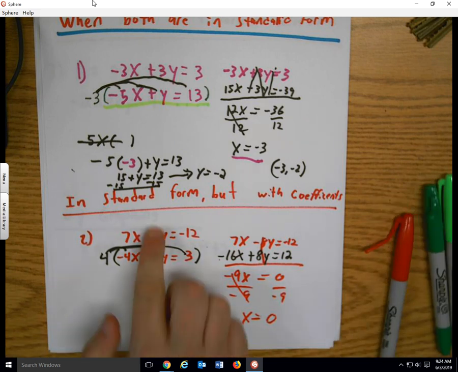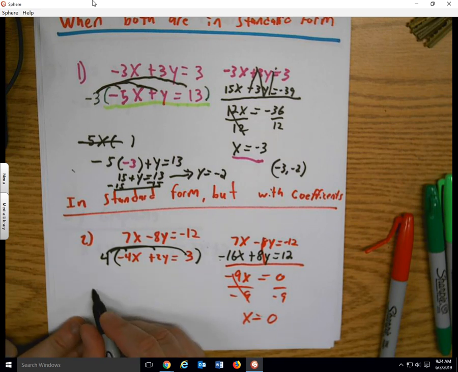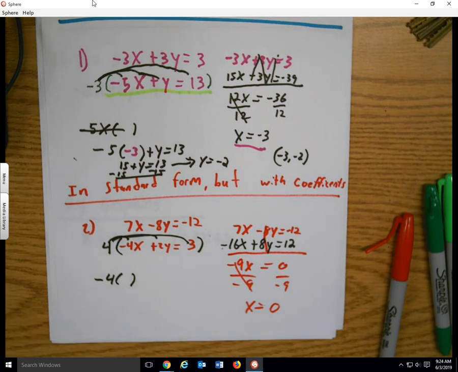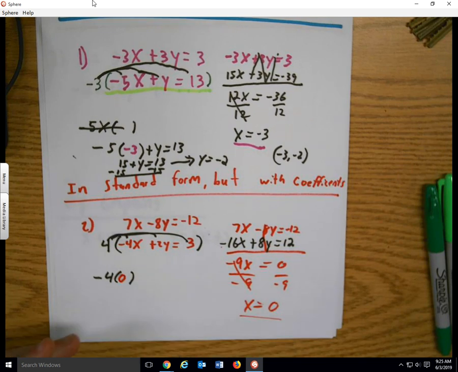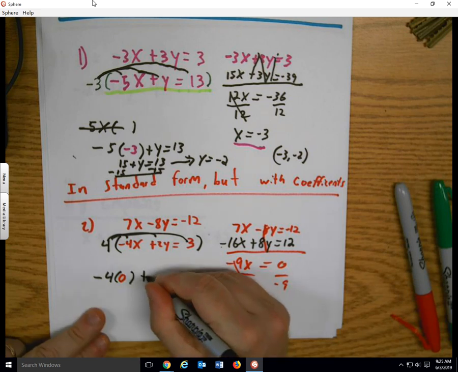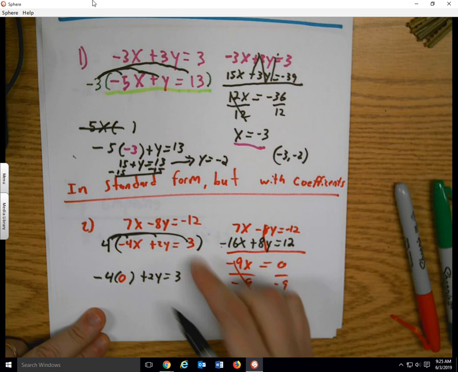We could choose either one of these to solve for the y. It doesn't really matter. I'm going to choose the bottom one. So negative 4, but instead of an x, what will I put in its place? What does the x equal? 0. Plus 2y equals 3.